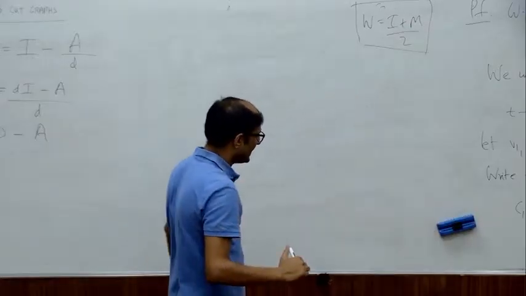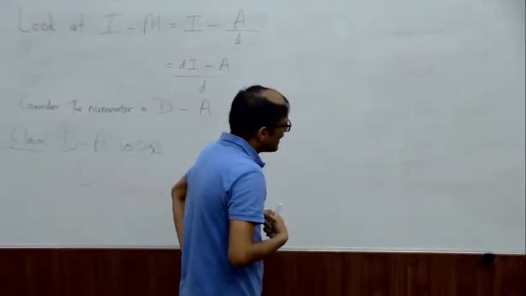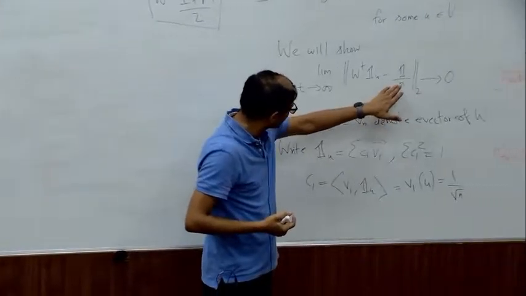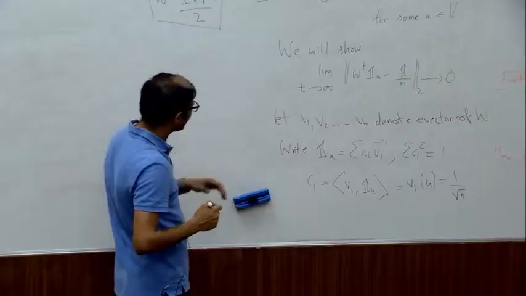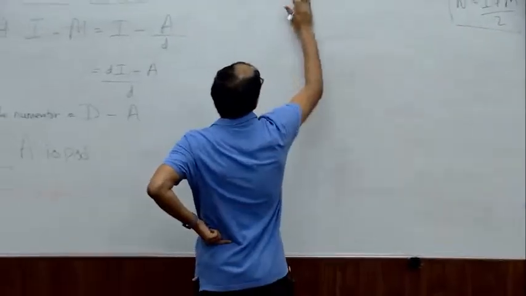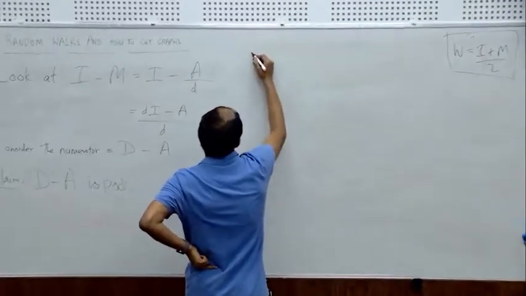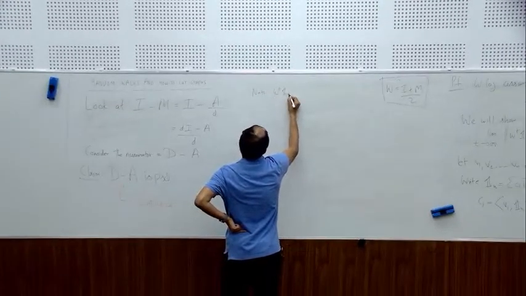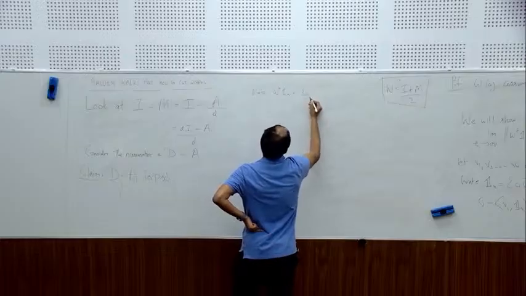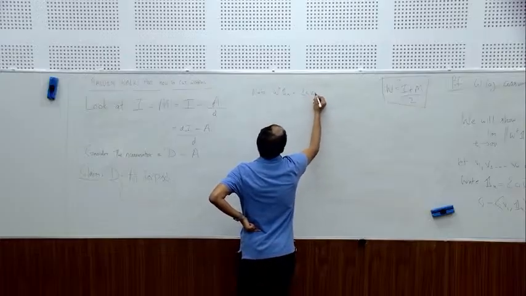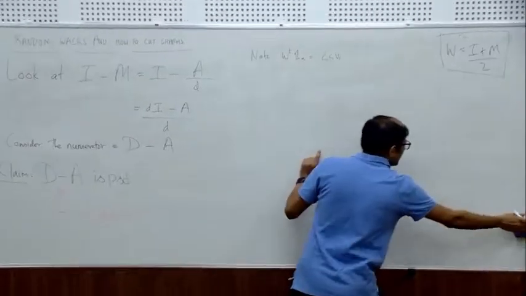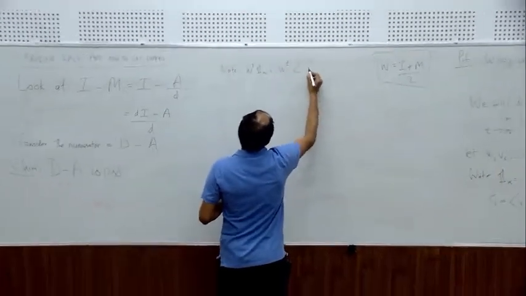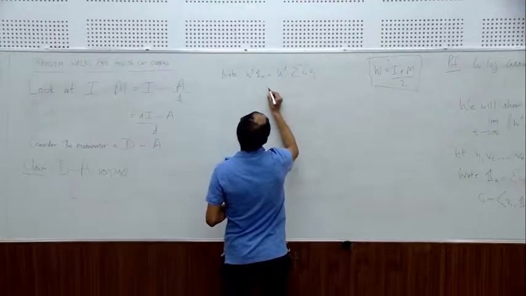Okay, so that's great. I know what C1 is. And so I can think about this vector in the following language. Note that W to the t times 1 sub u is summation Ci Vi, so this is W to the t times summation Ci Vi.